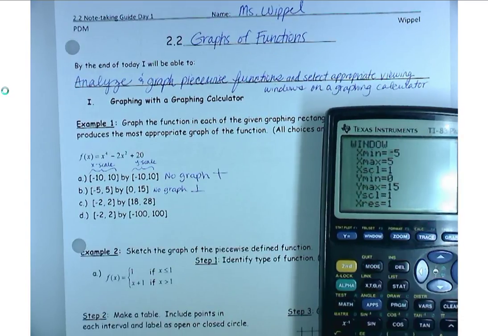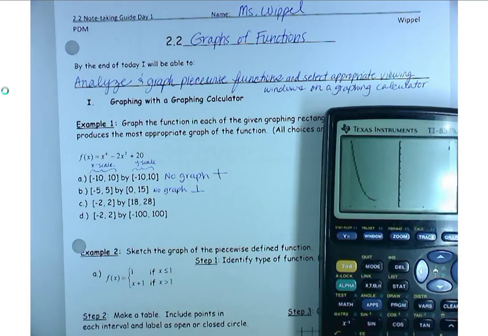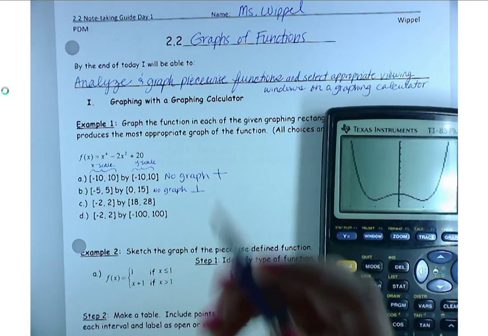So I'm going to go negative 2 to 2, and then 18 to 28. Okay, so I actually have a graph. I'm just going to draw a rough sketch of that.